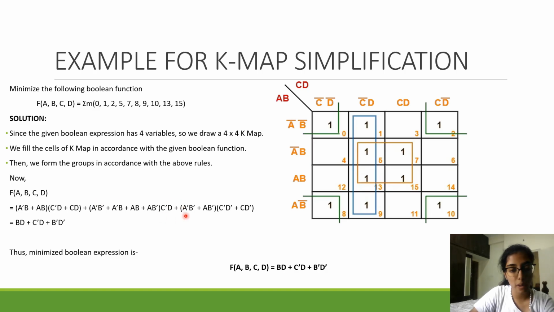Next one is (a complement b complement plus ab complement) into (c complement d complement plus c d complement). So a complement and a get cancelled, left is b complement, and c complement and c get cancelled, left is d complement. So we have b complement d complement for the third group. Therefore our minimized Boolean expression is bd plus c complement d plus b complement d complement.